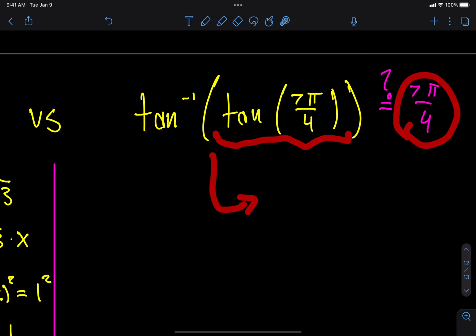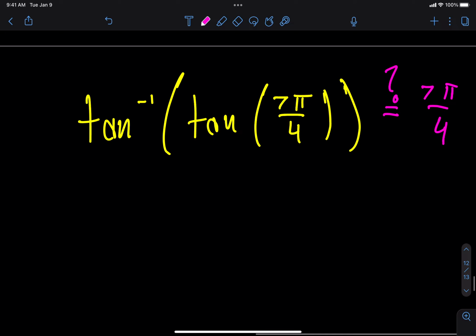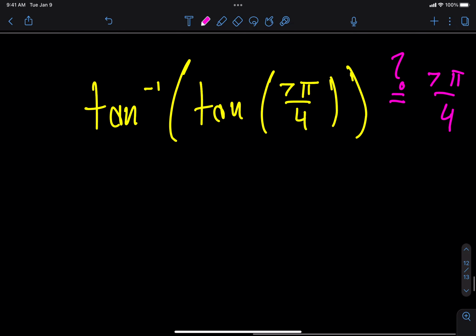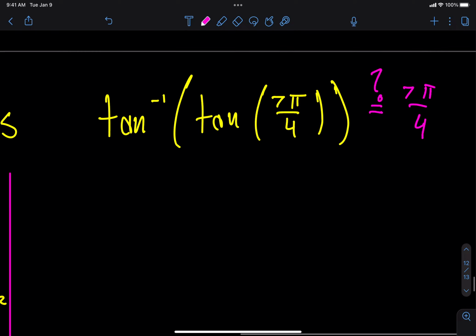Okay, so let's see what happens instead. Generally speaking, Chris, you're right that it's going to be some other kind of reference angle, similar to 7 pi over 4. It's going to be like pi over 4 or maybe negative pi over 4. That's what we think is going to happen. Okay, so let's see how it actually works.